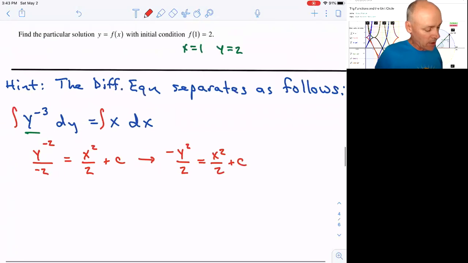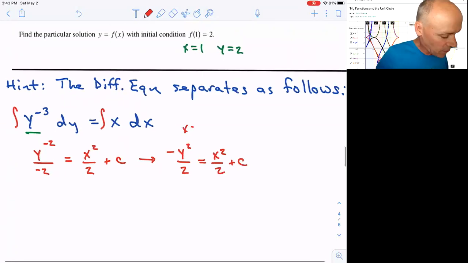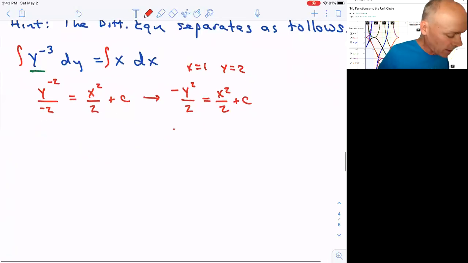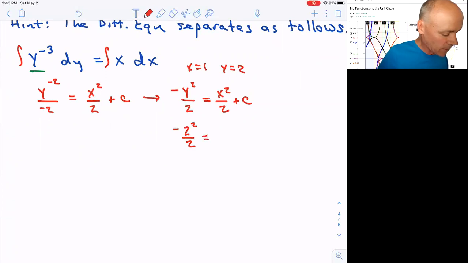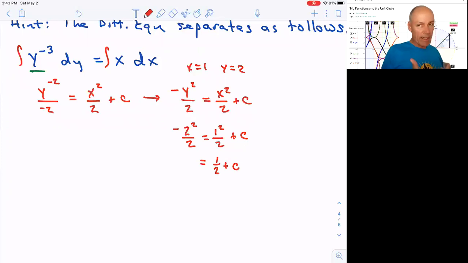And then I want to substitute in my initial condition, x equals 1, y equals 2. So I'm going to get -2 squared over 2 is equal to 1 squared over 2 plus c. So c is equal to 1/2 on the right side is equal to, well, I have that negative sign out there. 2 squared is 4 divided by 2 is 2.